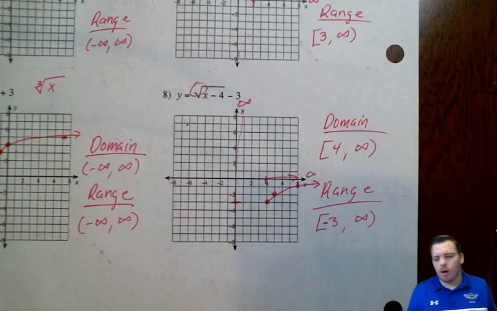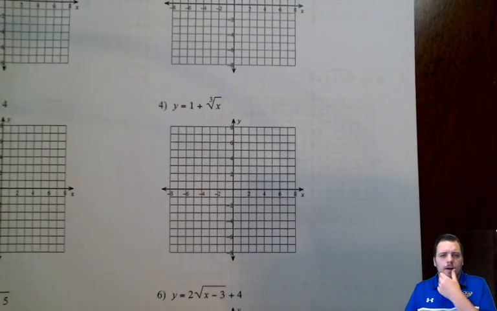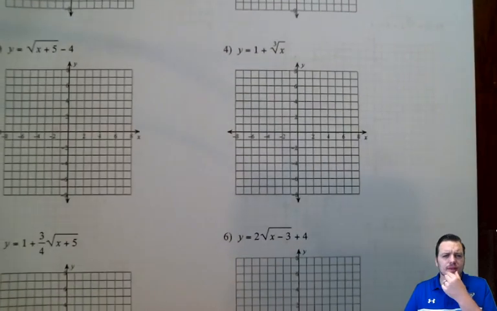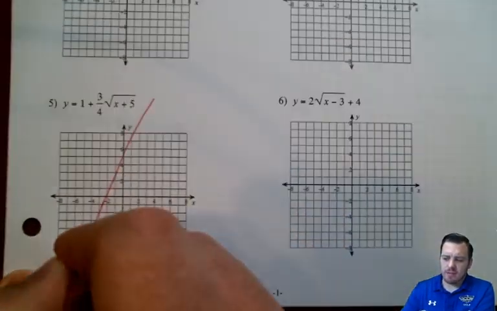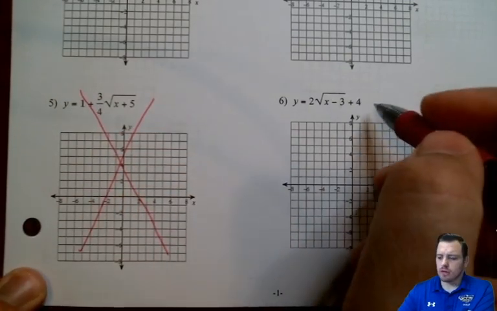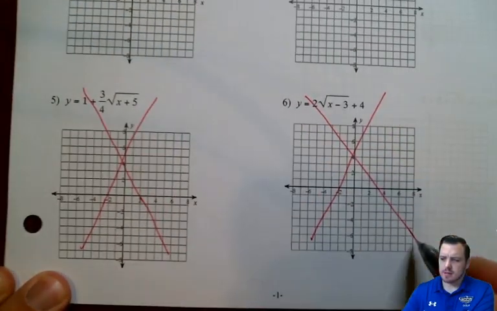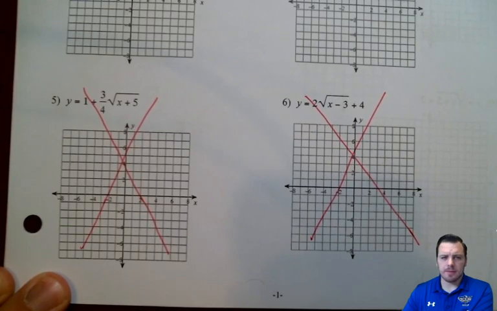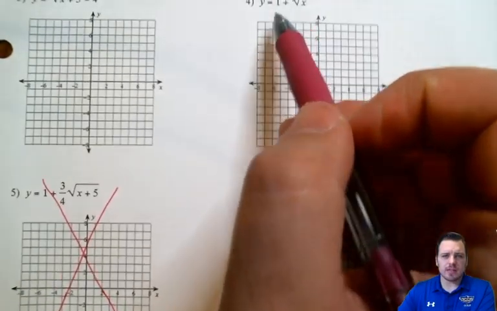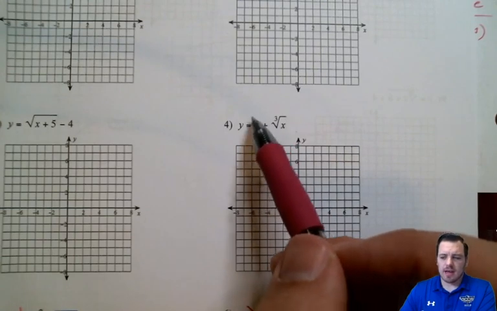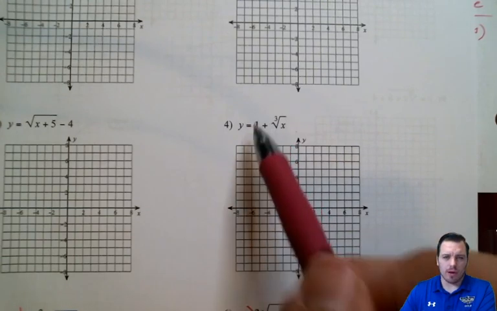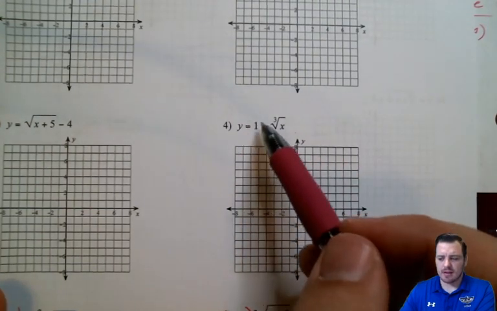Couple things on your homework. There are some that I accidentally put in there. Don't do number 5. Don't do number 6. Now, look at number 4. Just because that 1's in front of there, guys, that simply means go up 1. That's on the outside.